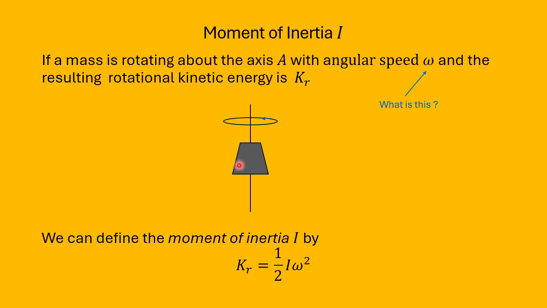We would add up basically all of the kinetic energies for all of the particles making up this mass that are rotating around this axis. We will then say that the moment of inertia I is defined by this equation, that the kinetic energy of this mass is going to be 1/2 I times omega squared.